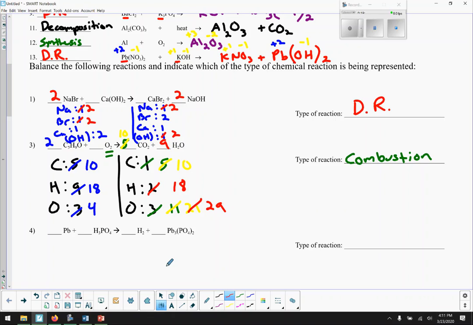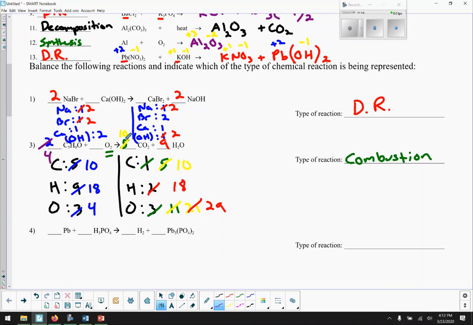So, once again, I find myself with an odd-even problem. I have 2 oxygens here, and I can only increase by 2s. I need to get to 29. So I have to double everything else. And I'm sorry, this is getting kind of hard to read. I'll write it out over here afterwards.